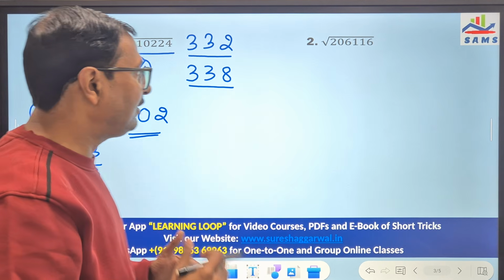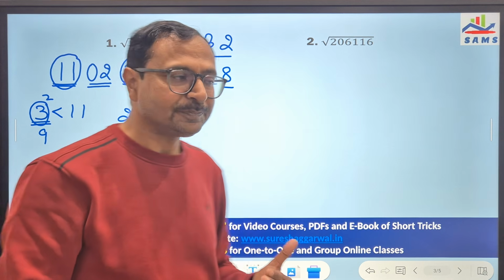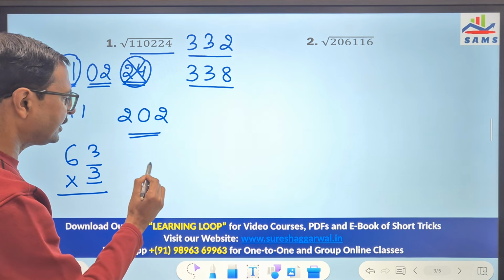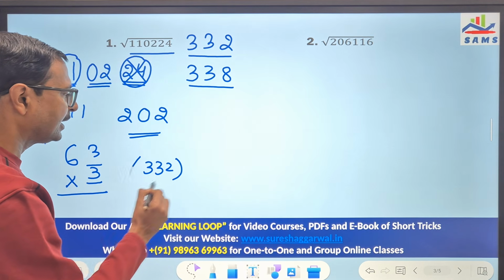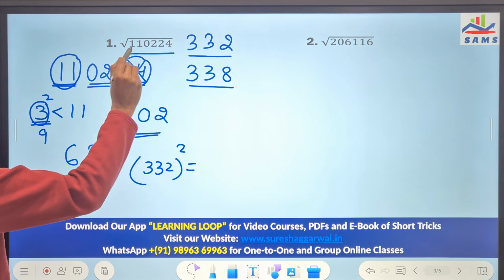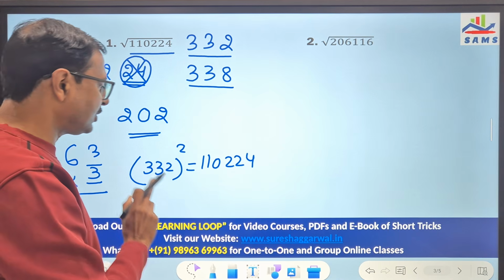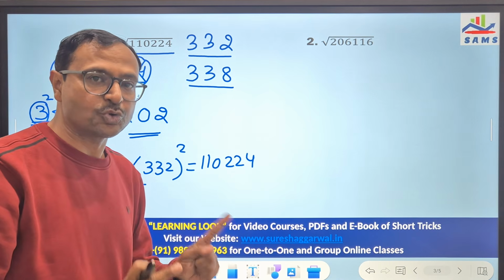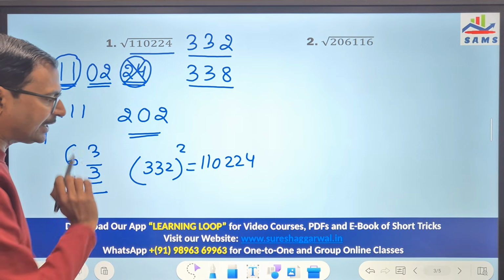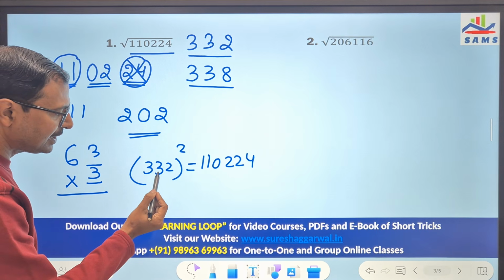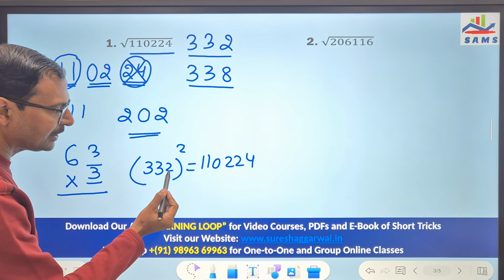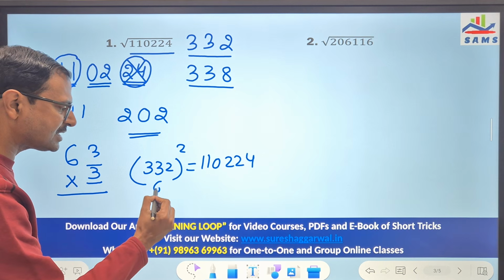For that I will be using the digit sum method now. If 332 square is this number 110224, then the single digit of this and single digit of this has to be the same, right? So let us check. 3 plus 3, 6, 6 plus 2, 8, and 8 square is 64.